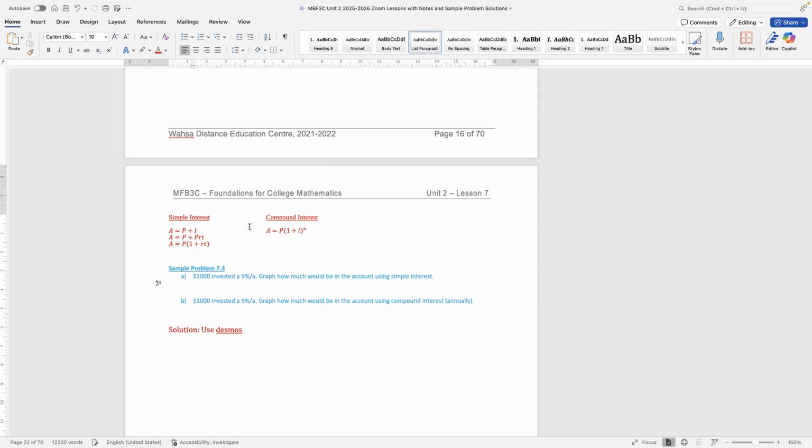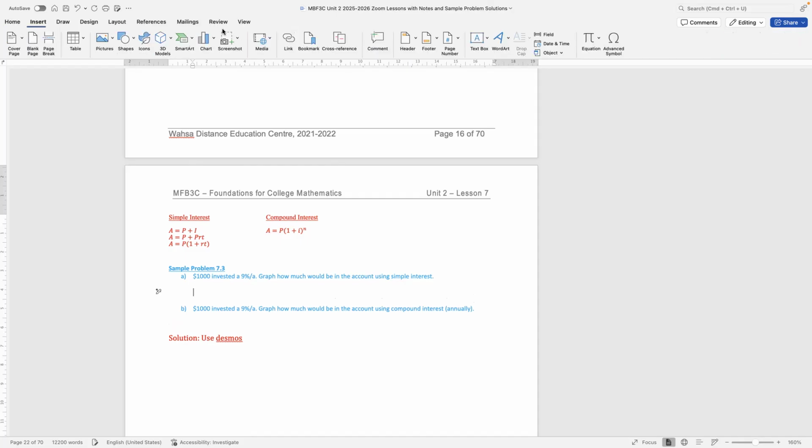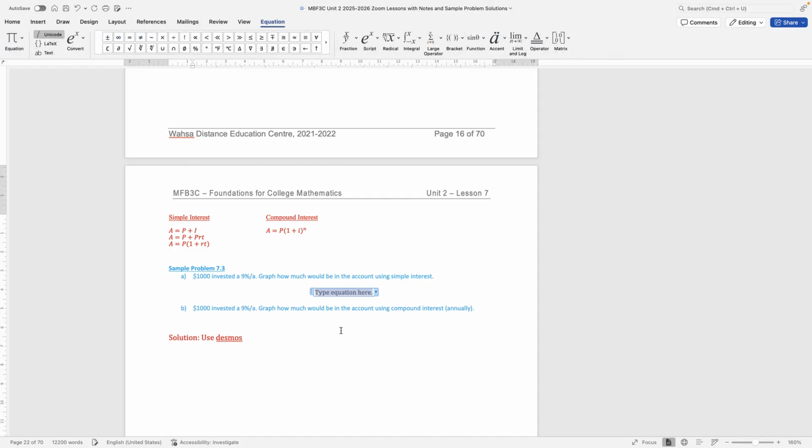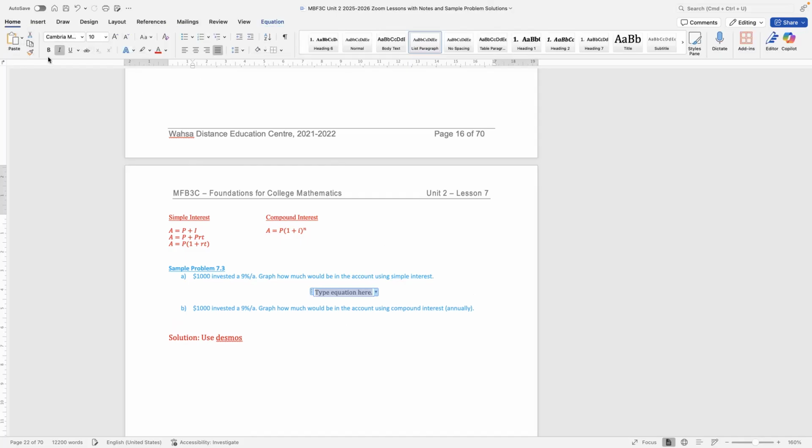So the equation is going to be A is equal to, let's insert an equation, put that on the left side, and make it red. A equals, and we're investing 1,000. We're using this formula right here.